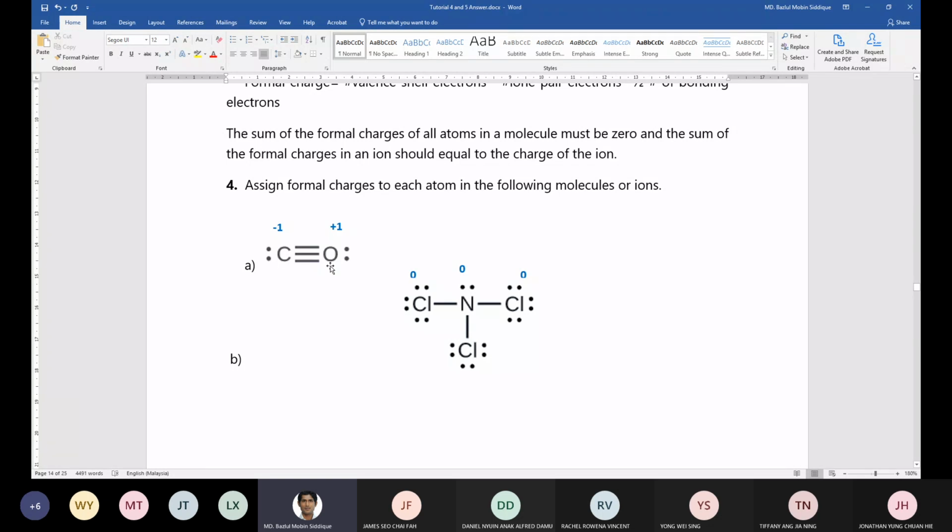So carbon and oxygen, if we had only double bonds between them, right? First of all, what we have to do is count the valence electrons. Total valence electrons for carbon and oxygen: carbon has 4 in the outer shell, and oxygen has 6.